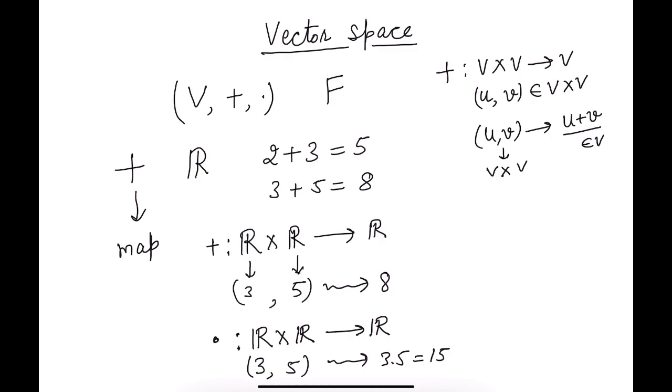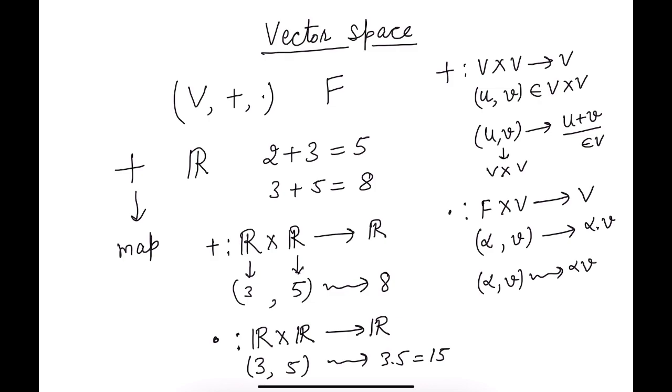Our next operation is dot. We simply represent it here as dot, but actually it is a scalar multiplication. Why is it called scalar? Because this operation maps from F cross V to V. That is, if alpha is a member of F and v is a member of V, that is our space, then the pair maps to alpha dot v, or simply alpha v.